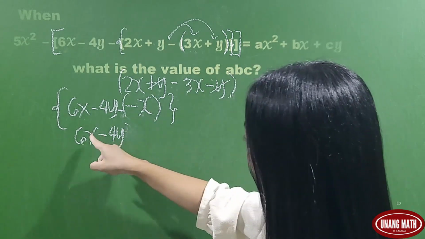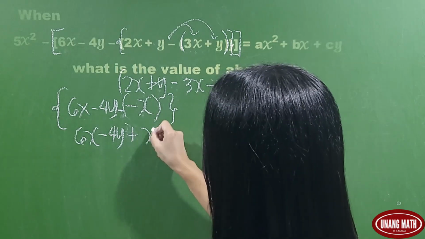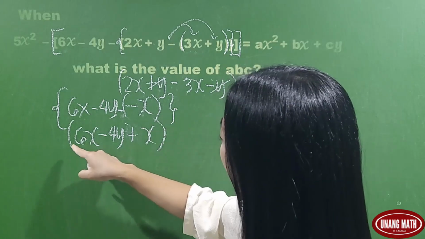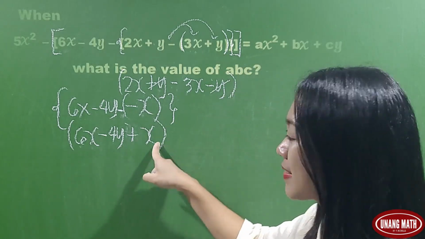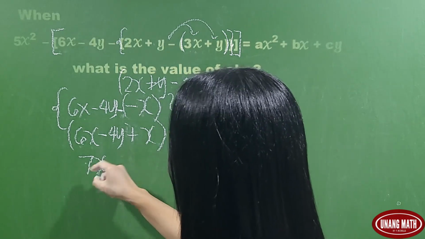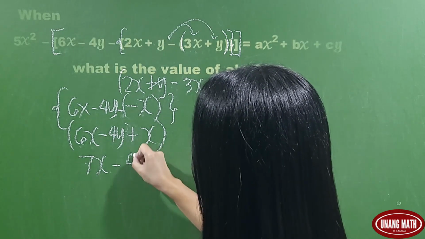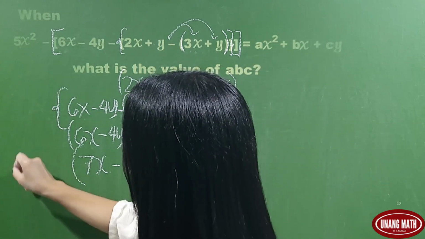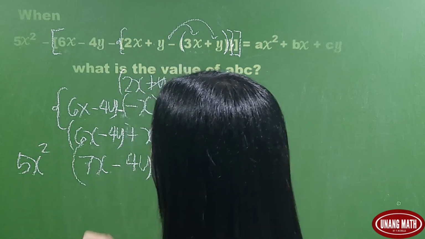Okay, if we will simplify 6x plus x, this is now equal to 7x. And 7x minus 4y. Okay, now, we still have here 5x squared.